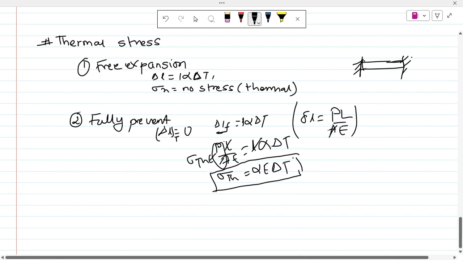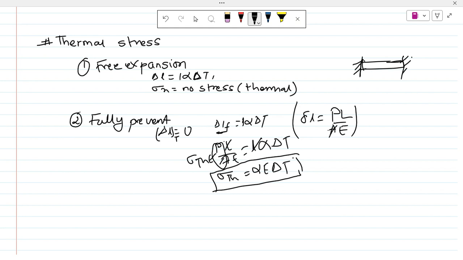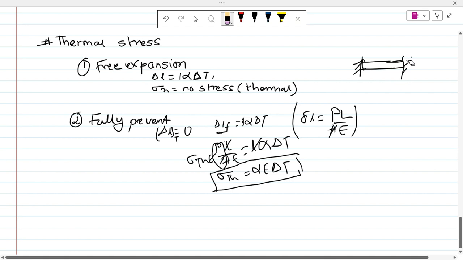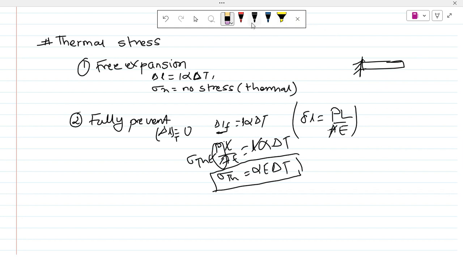So what is the partially prevented case? There will be a case like this where there is a small gap, suppose X in here.